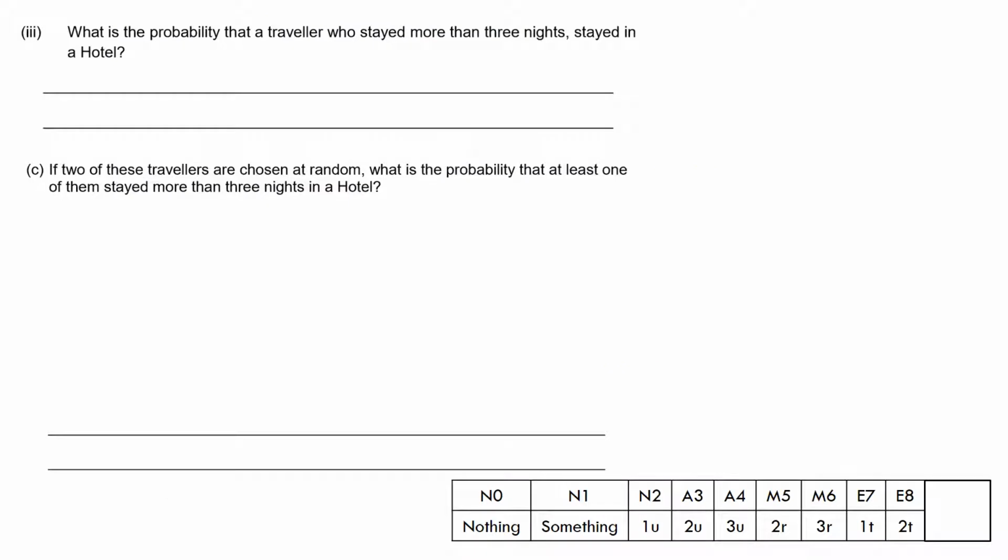Okay, so what's the probability that a traveller who stayed more than 3 nights stayed in a hotel? What we need is the probability that they stayed more than 3 nights in a hotel, divided by the probability that they stayed more than 3 nights.